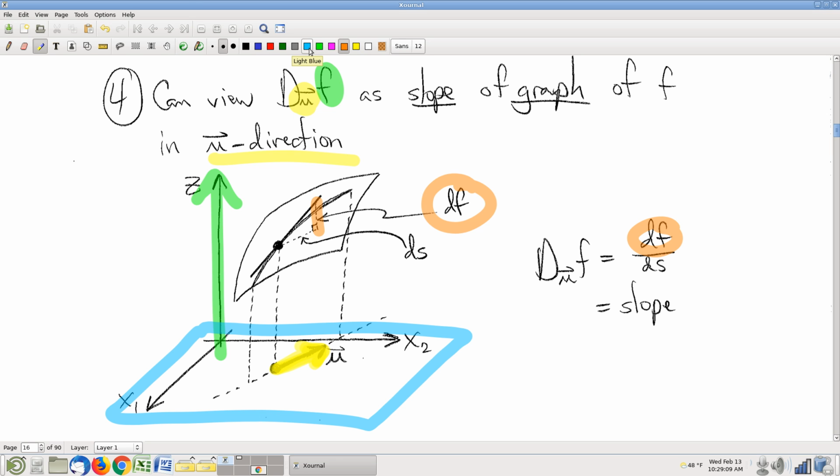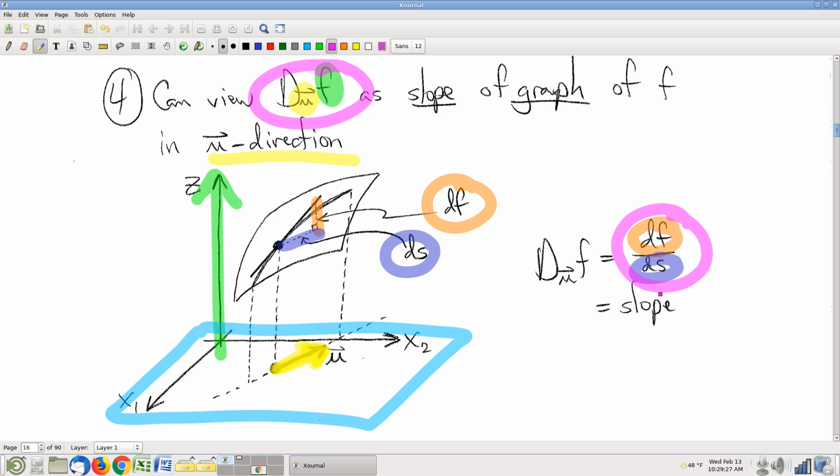Let's see, color choices. I'll use this blue here. The run, the distance traveled in the direction I'm going, that's ds. That slope is pretty clearly df ds, which we just got through agreeing is the directional derivative. So that's kind of nice. Sometimes you're looking at graphs of functions, and you want to know what the slope of that graph is as you move in a certain direction in the domain. If so, the directional derivative is the thing that answers that question for you.